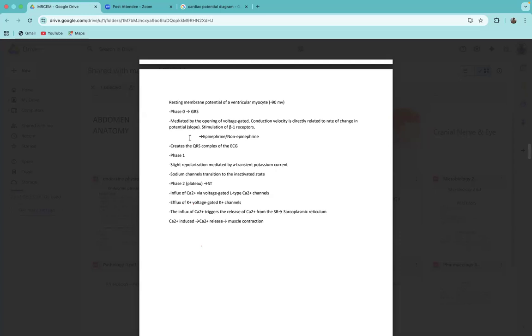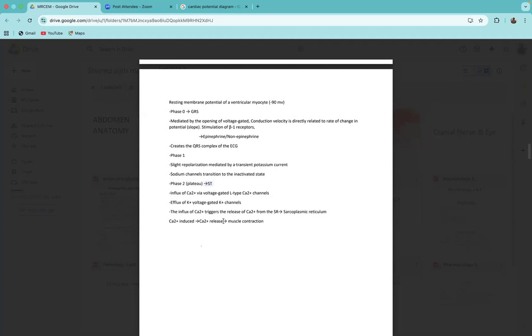In case of phase 1, the slight repolarization is mediated by the transient potassium current. Sodium channels transition to the inactivated state, and in phase 2 there is a plateau, which causes the ST segment of the ECG as well.